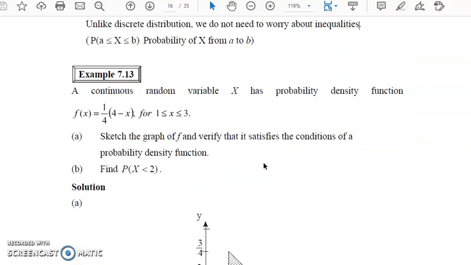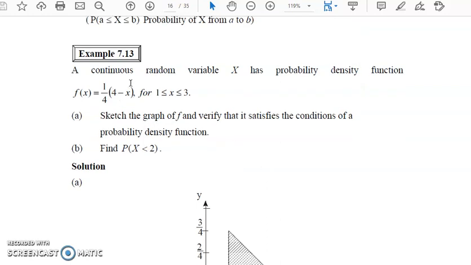Let's proceed. Example 7.13 here. I already have a solution, don't worry. It is given that a continuous random variable x has a PDF, this given function, for x between 1 and 3. The first question asks us to sketch the graph and verify that it satisfies the condition of a PDF.